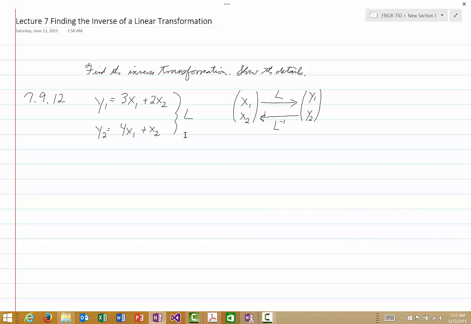And then I want to show you another way to do this. So, the first way we'll do it is to solve for x1 and x2 in terms of y1 and y2.